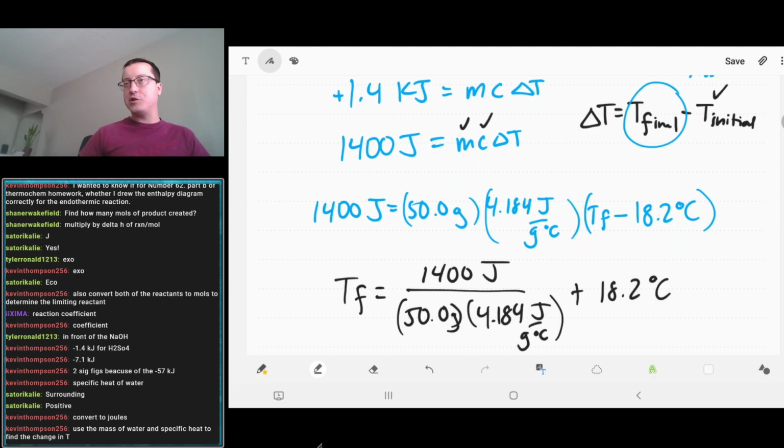Again, this algebra should not be what holds you back in this course. Our units should all cancel out except for degrees Celsius. Grams cancel, joules cancel. Remember, 1 over degrees Celsius is just regular degrees Celsius. It'll work out, don't worry.